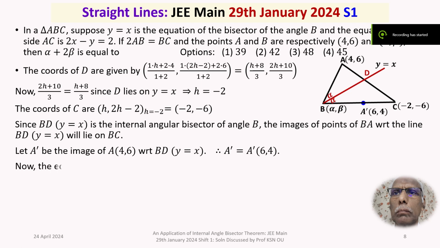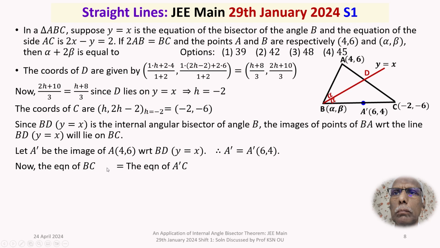We now write down the equation of BC. The equation of BC is same as the equation of A prime C, and the coordinates of A prime 6, 4, and the coordinates of C -2, -6 are known. Therefore, you can write down the equation of A prime C using the 2-point form of the straight line.